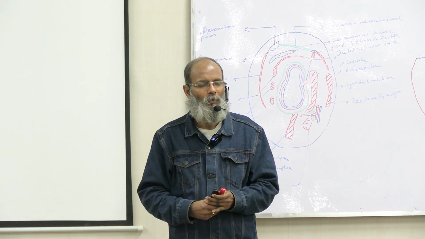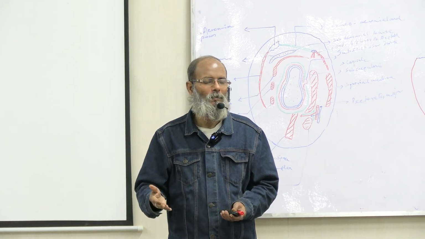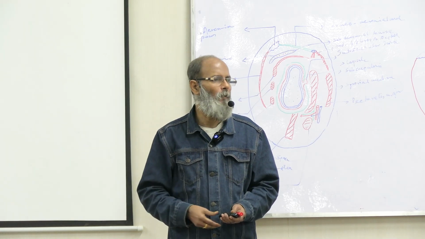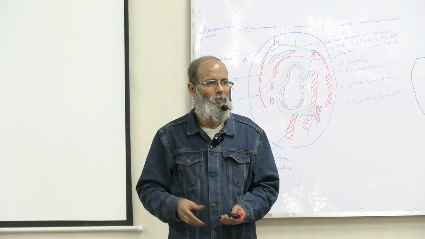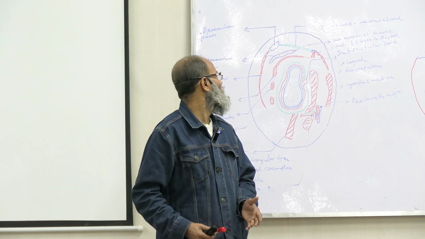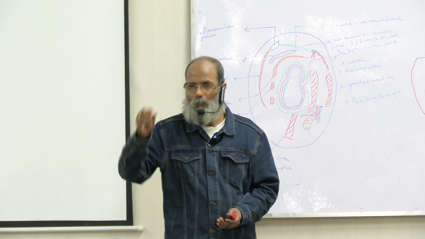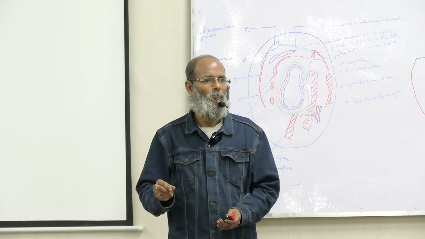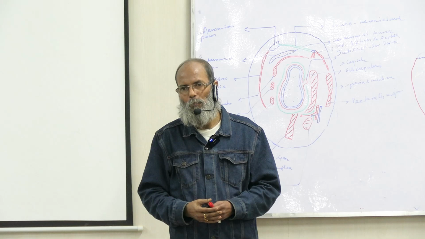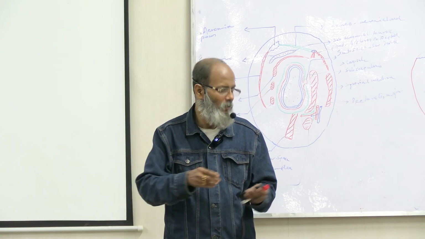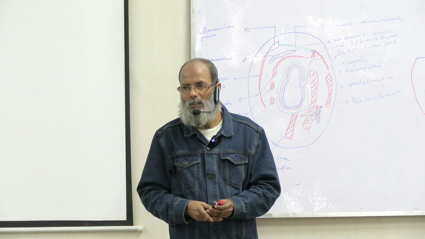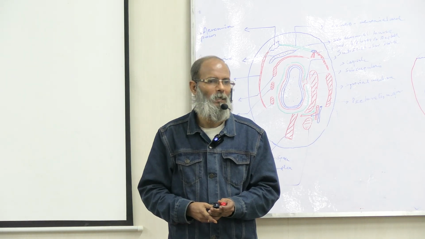What is that? Recurrent dislocation of shoulder is when there is a deficiency in the glenoidal labrum at the anterior part. This is known as Bankart's lesion. B-A-N-K-E-R-T, Bankart lesion.